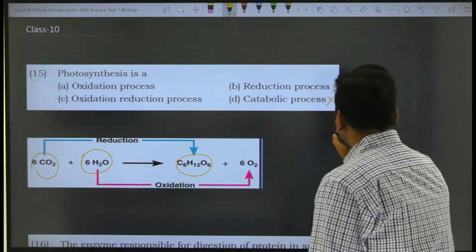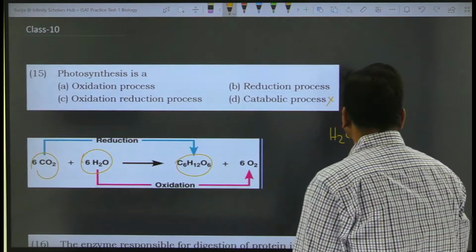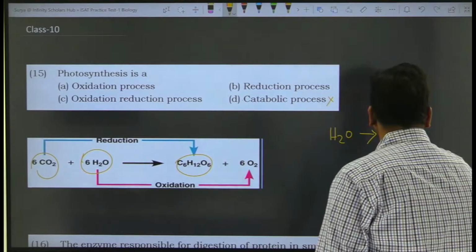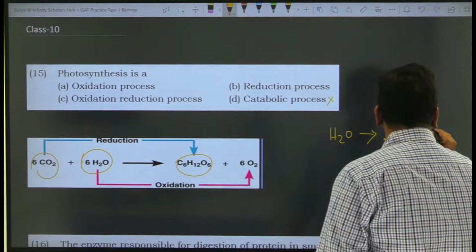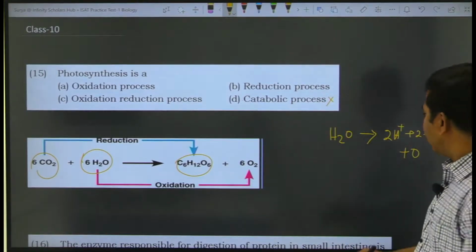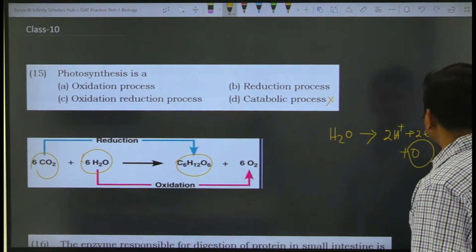So, when water molecule is broken down, it will form 2H plus, 2 electrons and oxygen. Oxygen is released as a byproduct here and electrons are released here.